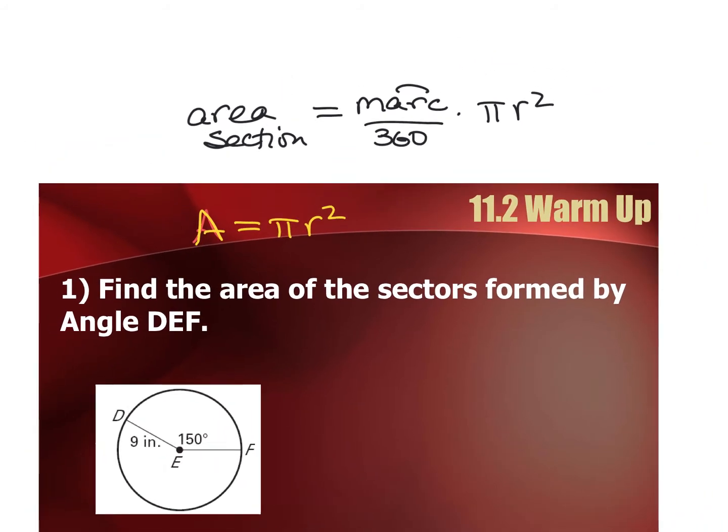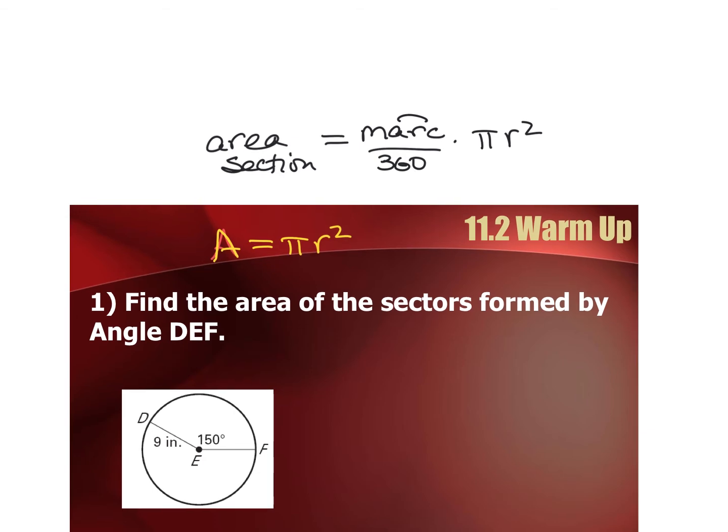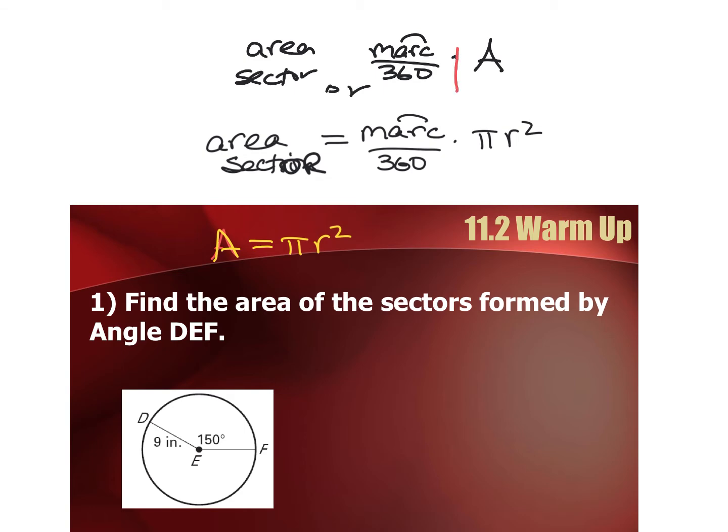Now, just like before, we could also change this pi r squared to just a capital A. So if they already give you the area calculated, and they want you to find maybe the measure of the arc or something, we can also use just a capital A. So these are both the same formula. The only difference is the variation of the area. That's going to go right there.